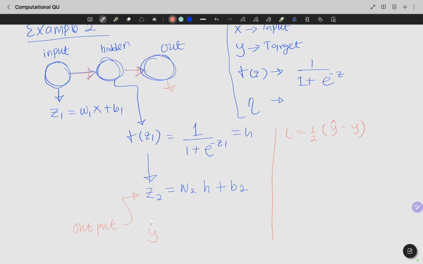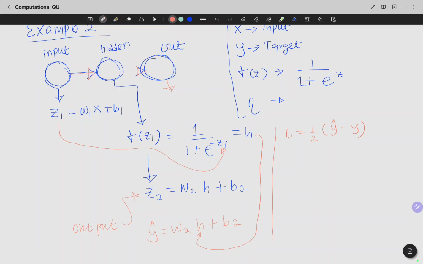Y hat, which is the total outcome, you can say is just W2H plus B2, but we know what H is. H is this, and we know that in H there is also Z1. So this is why it is a function of a function of a function.